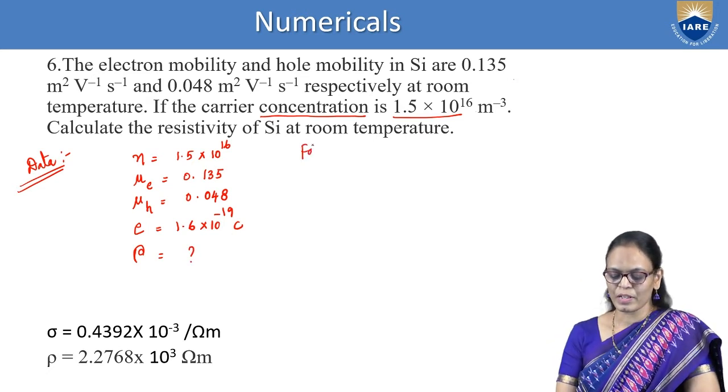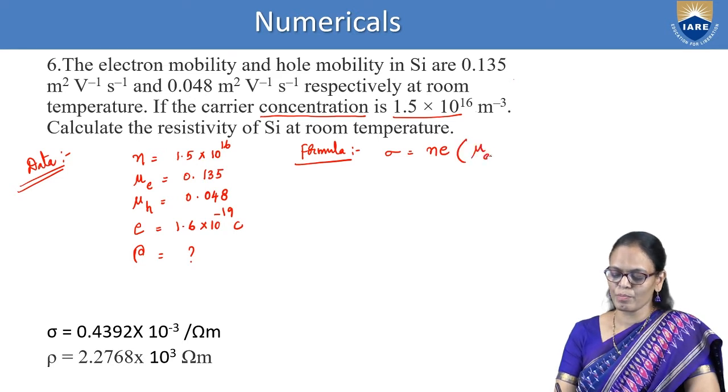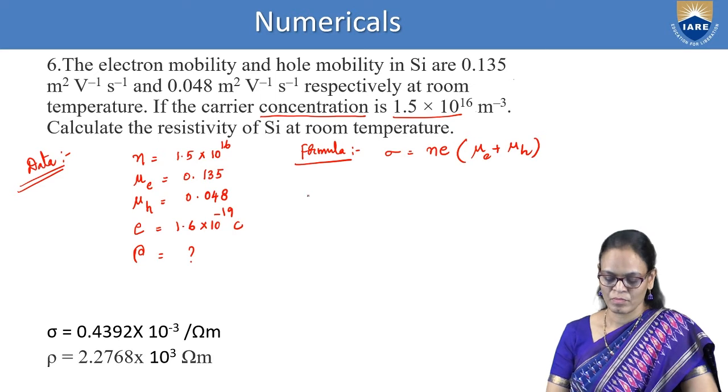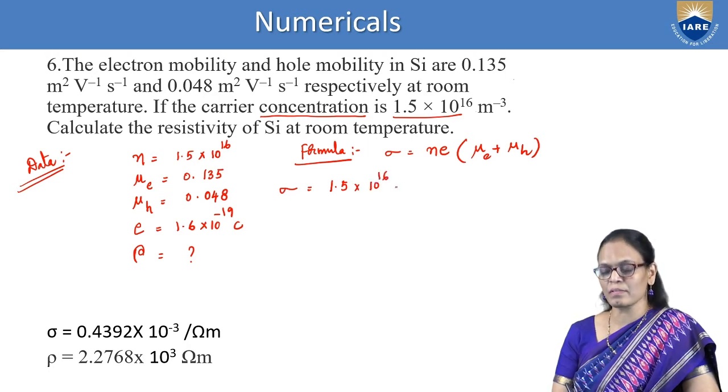So use the formula now. Sigma is equal to N e into mu E plus mu H. So sigma is equal to, substitute for N first, 1.5 into 10 power 16.